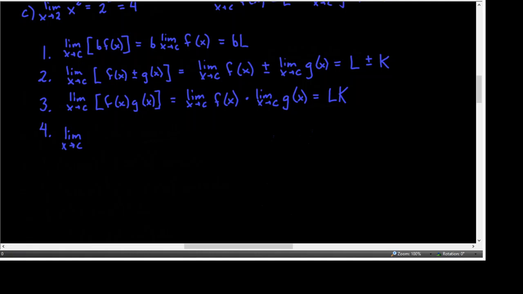So if we have a quotient of two functions whose limit we're trying to find, you can take that limit and separately find the limit of the numerator and divide it by the limit of the denominator, and by substitution that will be L over k. But of course we can't divide by 0, so I need to say, oh, and k can't be 0.